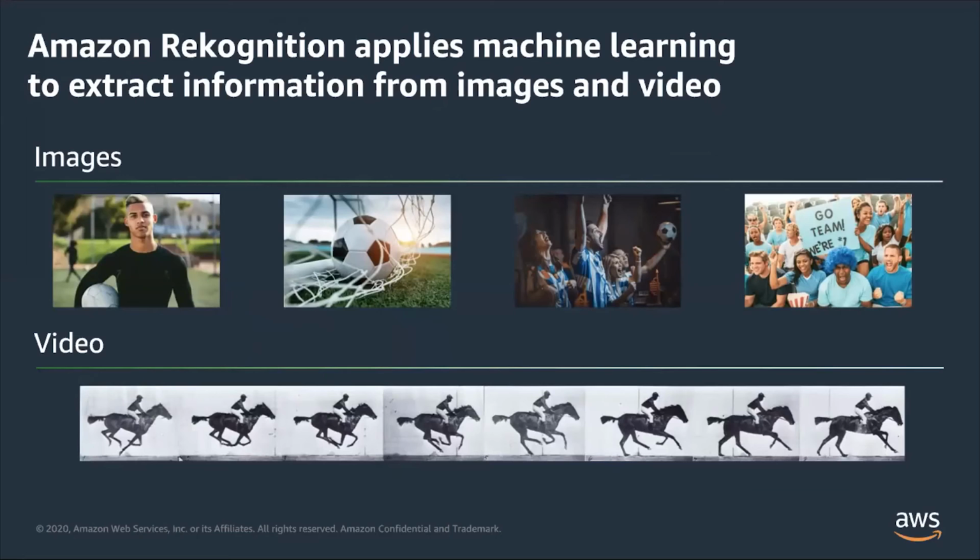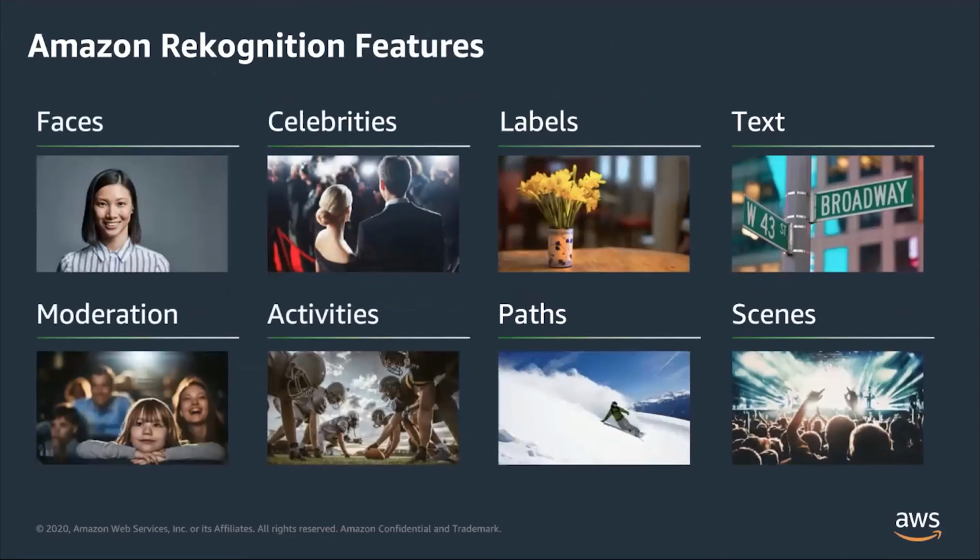And of course, a video is really just a sequence of still images. And so we can apply those algorithms both to still images and to video. And it also has a very wide range of items that it can pick out in that video. So I mentioned faces. It labels objects, flowers, vases, and picks out text and activities and paths.